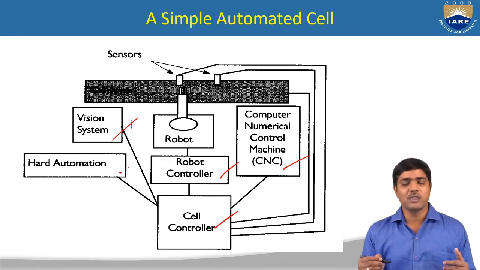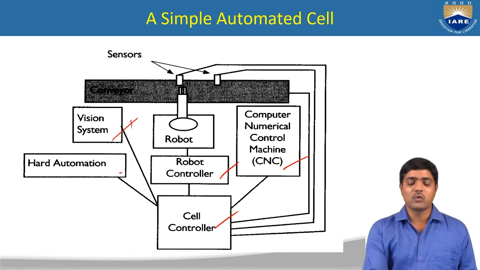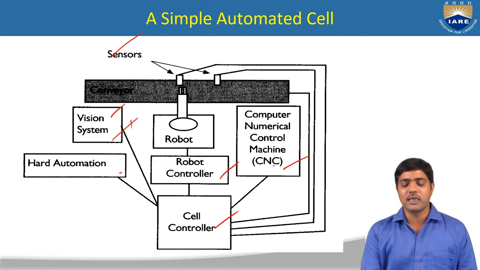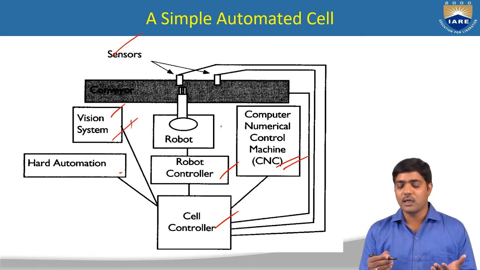Hard automation means fixed automation. Through these sensors and the vision system, you get the feedback, and you get the support through this hard automation system. You get the production through these CNC machines and the robot. And you also have the control over here, either the robot controller or the cell controller. So these are the four parts of this particular cell.